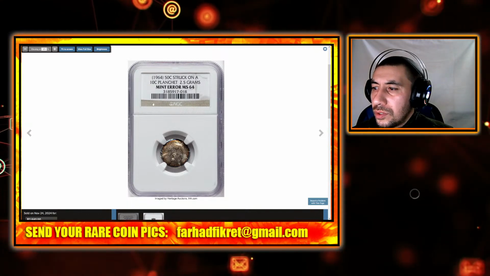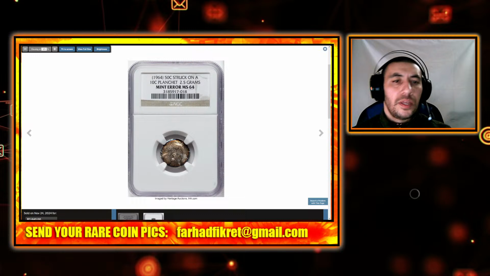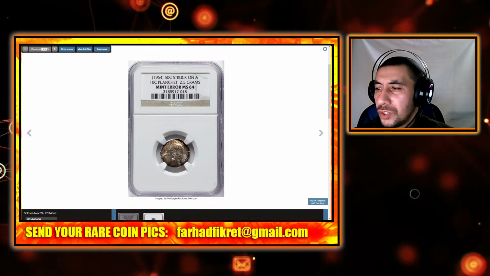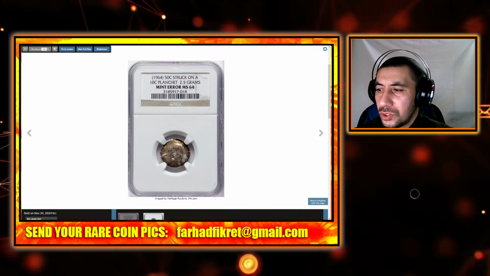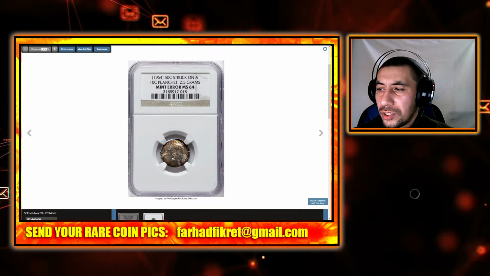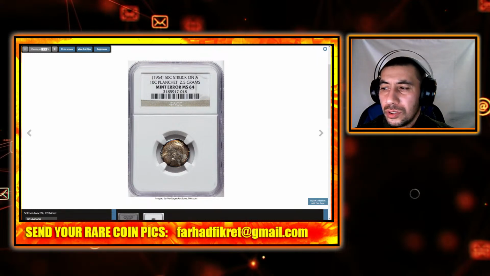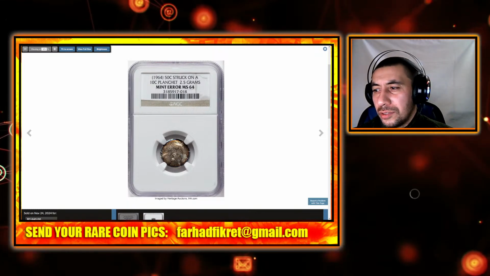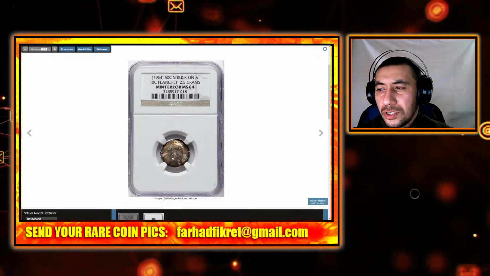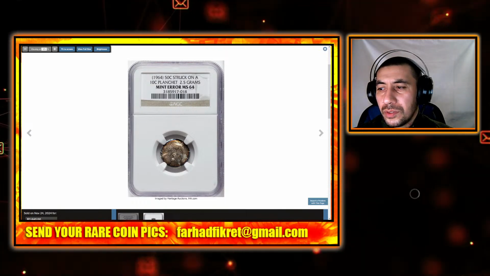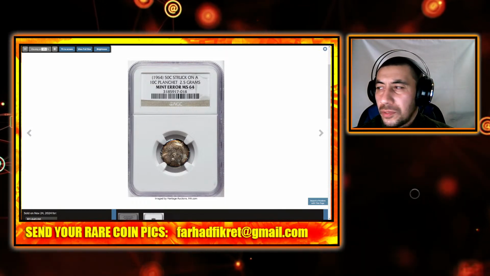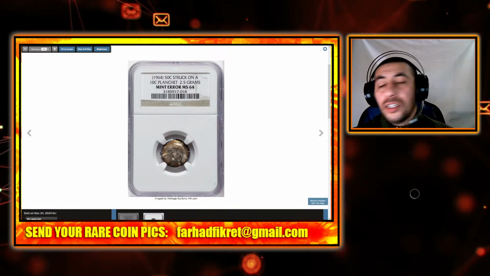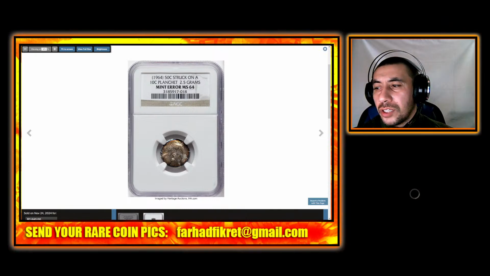So what happened here? Let's see. Kennedy half dollar struck on a silver dime planchet. This Kennedy half dollar was somehow struck on a dime planchet that was by mistake or intentionally maybe in the bins intended for Kennedy half dollars.